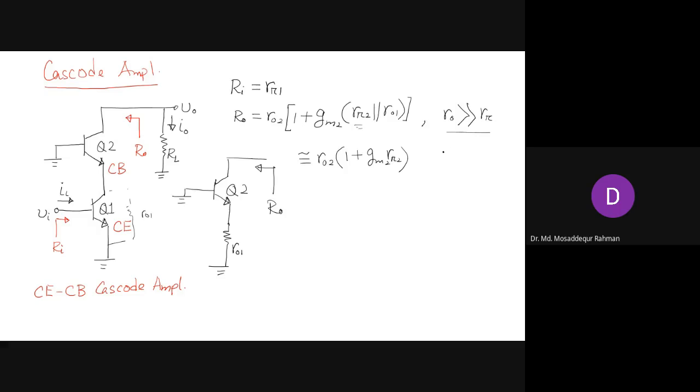So what is GM times R pi? It's a constant. What's that constant? Transconductance into resistance.